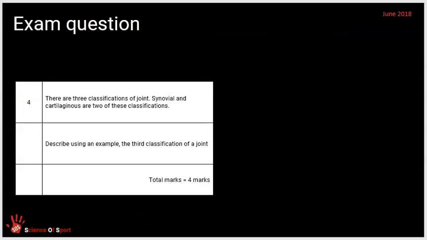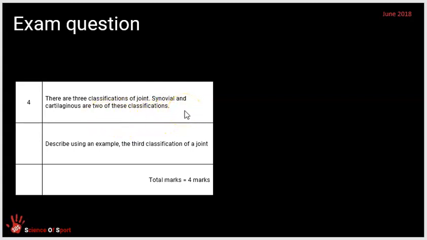So I just want to finish by giving you a sense of some of the possible exam questions associated with this topic. So here's one from 2018, and it basically gives you a little bit of information to start off with. It says there are 3 classifications of joint, which you know. Synovial and cartilaginous are 2 of these.